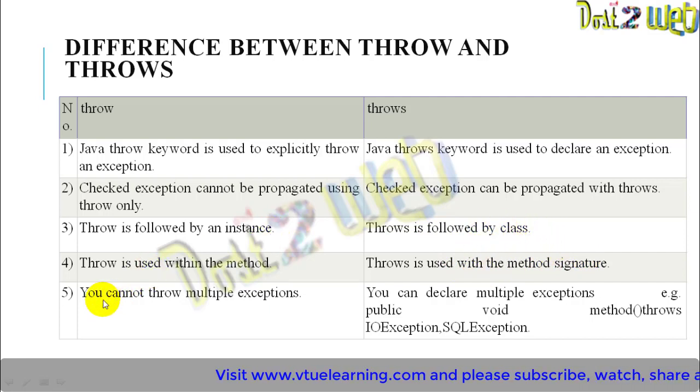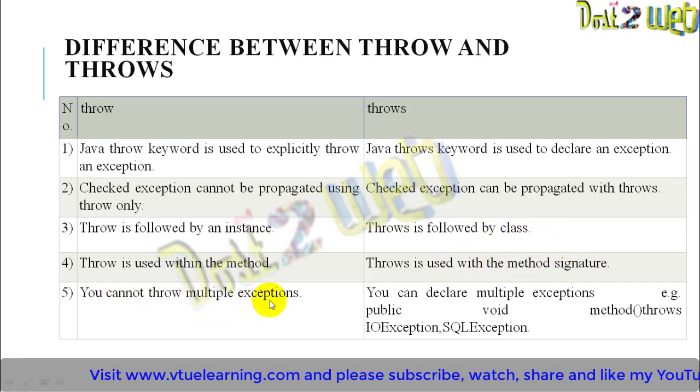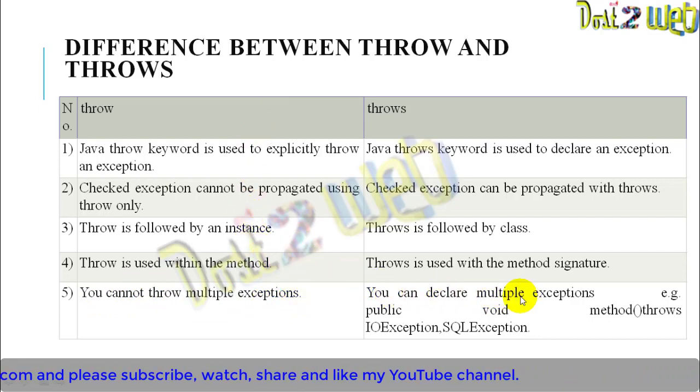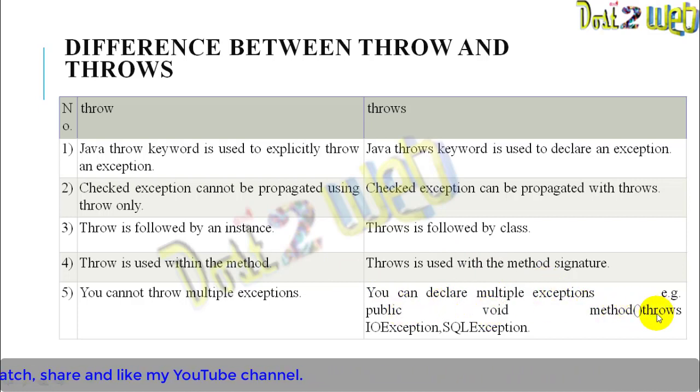And you cannot throw multiple exceptions using throw, but with throws you can declare multiple exceptions, like we have seen: public void method throws IOException. If you want to use SQLException, you can write SQLException too. As many exceptions as you want can be declared with the help of the throws keyword. So these are the differences between throw and throws.